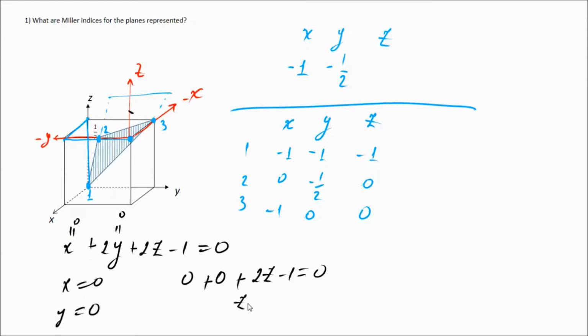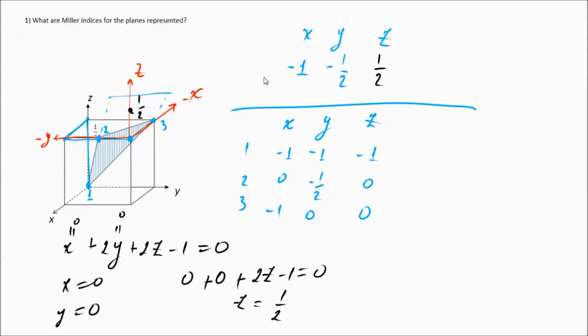Z is equal to 1 over 2. So we have found intersection point. It is 1 over 2. At this point, we have found intersection points.